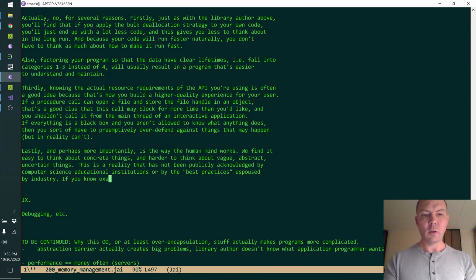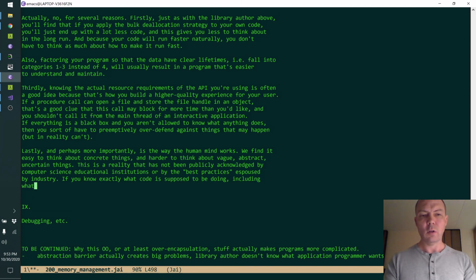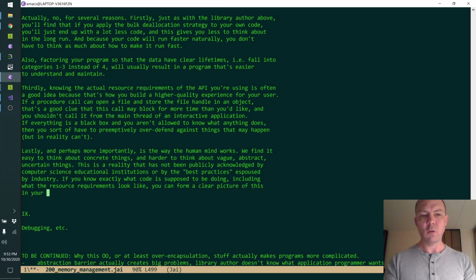If you know exactly what code is supposed to be doing, including what the resource requirements look like, you can form a clear picture of this in your mind and see what's a good idea usage-wise.